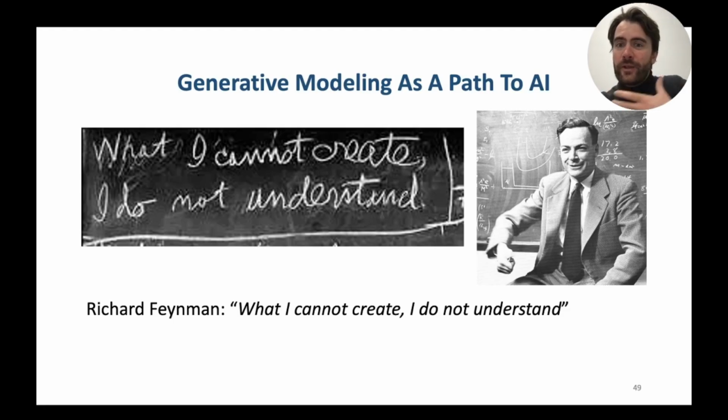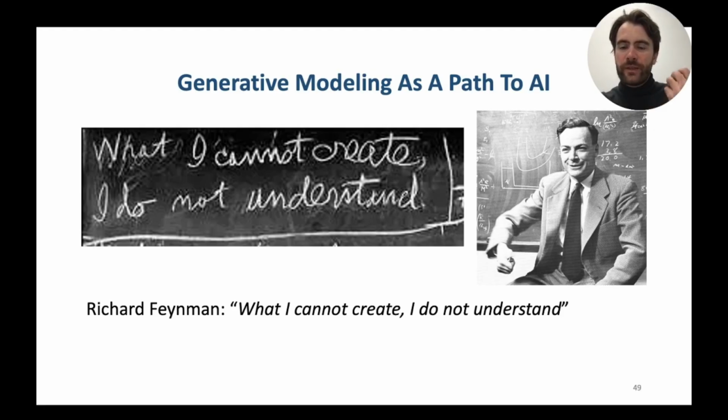One way to interpret this quote is that the ability to create, or to generate things, such as molecules or language, means that a model or a system that can generate things like text or molecules must surely also understand something about text, language or molecules.